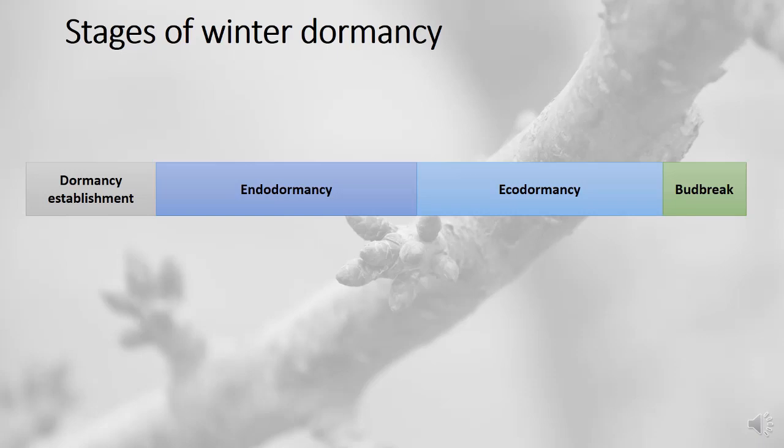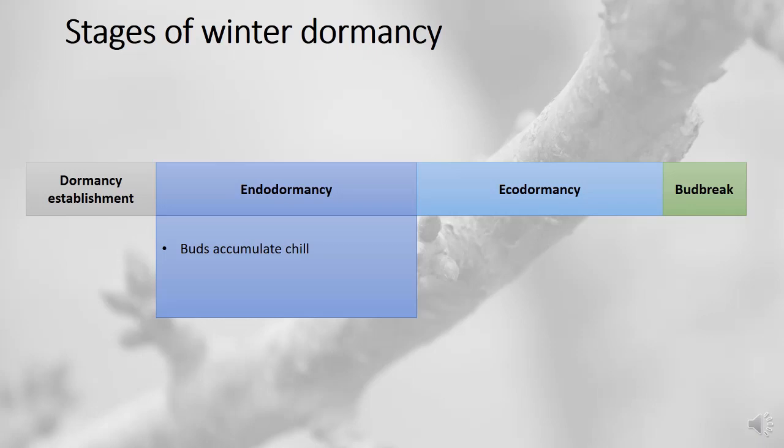Now, the difference between these two dormancy stages is as follows. During endodormancy, buds accumulate chill, so basically they need to be exposed to cold temperatures, and the meristems are unable to grow, even if we put them under favorable external conditions. So we can put them into a greenhouse under otherwise ideal growing conditions, and they will not break and not develop leaves or flowers.